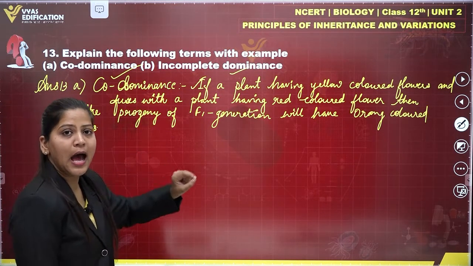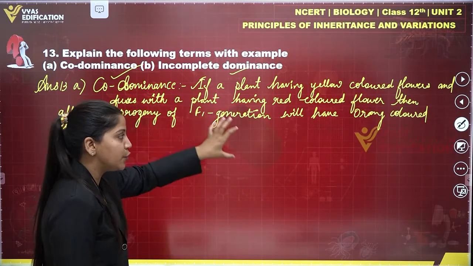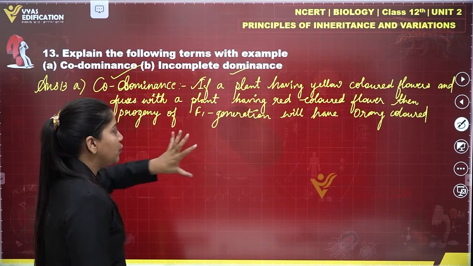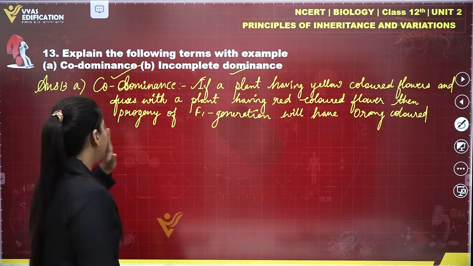If a plant having yellow colored flowers fuses or fertilizes with a plant having red colored flowers, what we are going to see in the F1 generation is that all the progeny will have orange colored flowers.